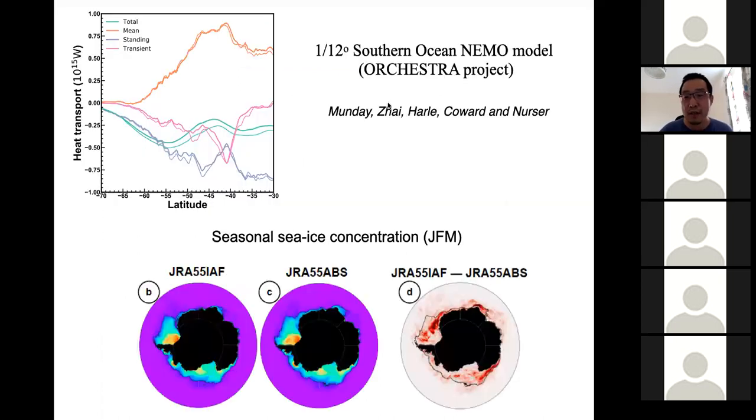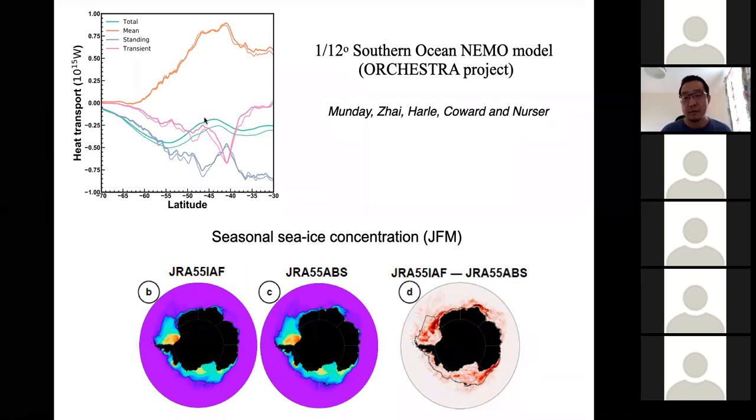One slide I didn't get to show is a 1/12 degree realistic Southern Ocean NEMO model. That's a model that Dave Mondi works on. Dave also looked at the relative wind stress experiment and absolute wind stress experiment in the NEMO model. He looked at the meridional heat transport carried by the mean circulation, by standing eddies, and transient eddies. Not surprisingly, in the relative wind stress experiment, the eddies are damped, and the eddy poleward heat transport is also reduced.